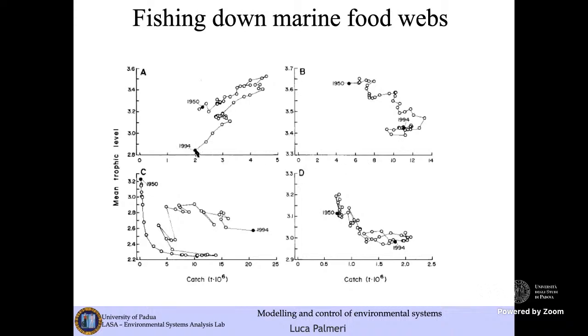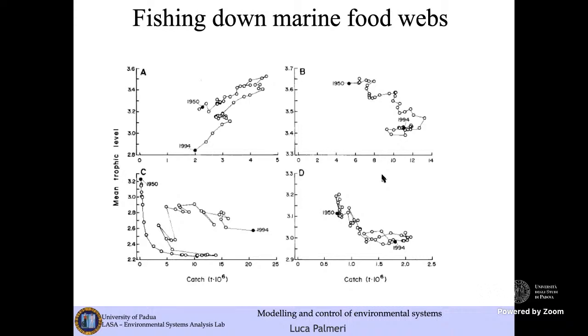In 1994, the mean trophic level of this system has fallen to near 2.8, 2.9. The same thing happens in these other ecosystems, B, C, and D. These are several types of ecosystems, coastal zones or marine areas, and so on.